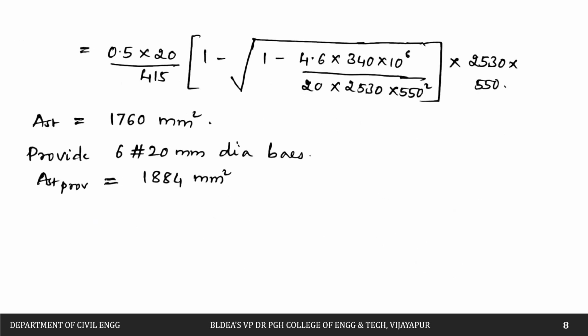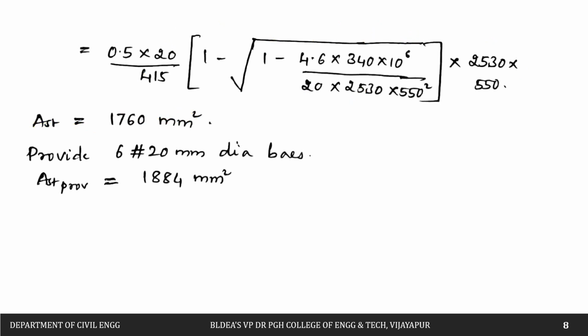Now we substitute: 0.5 times fck, which is 20, divided by fy, which is 415, into (1 minus the square root of 1 minus 4.6 times Mu, which is 340 into 10 raised to 6 to convert from kilonewton meter to newton mm, divided by fck into bf, that is 2530, into d square, that is 550 square), multiplied by bf, that is 2530, multiplied by d, 550. Therefore the area required will be 1760 mm square.